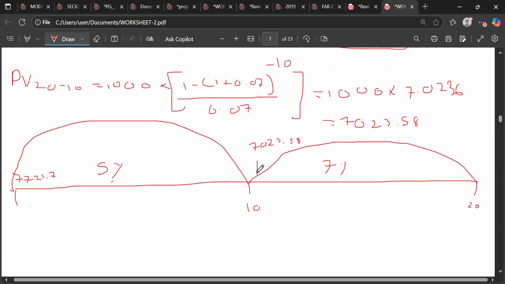However, that's not the full present value. So what do we do next? We now discount this one all the way back to year 0.